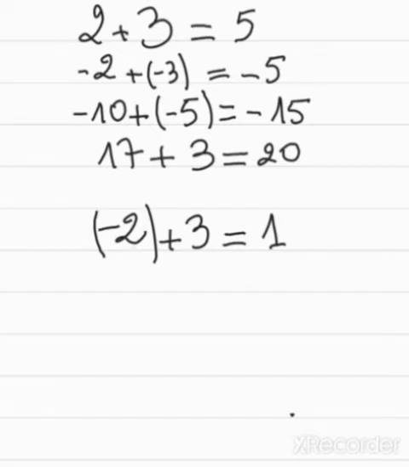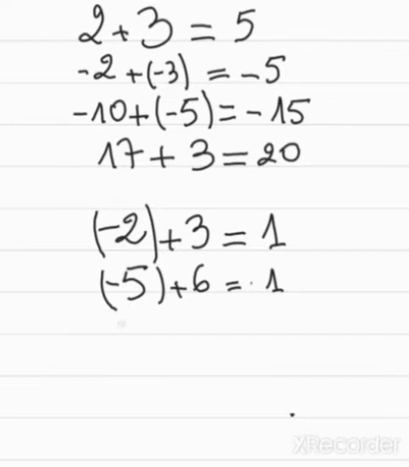Take another example. Negative 5 plus 6. The largest absolute value is 6, and it has a positive sign, so we keep positive, and the difference of the absolute values is 1.